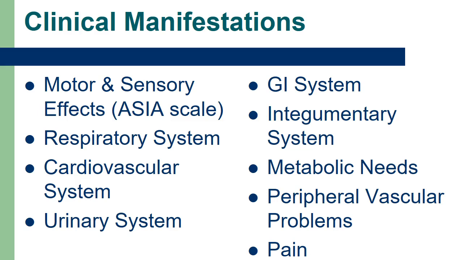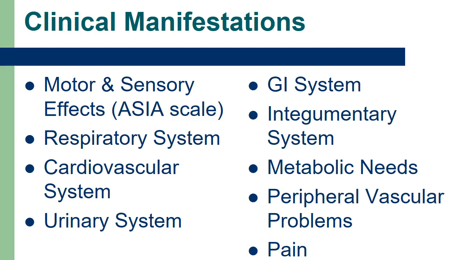If you're suctioning somebody with a spinal cord injury, let's say they have a trach or an ET tube, that suctioning itself could trigger the vagal response in somebody with a spinal cord injury at, let's say, C8. They could become very bradycardic, and a significant response from that would be detrimental. So we have to really watch their vitals closely.